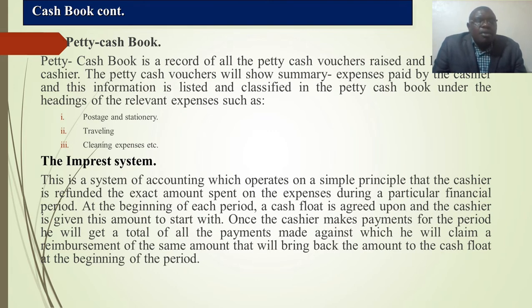At the end of the month, if the cashier has spent 350 shillings, the cashier will be reimbursed the 350 shillings so that when he starts the next month, he starts with that imprest of 500 shillings. That is what we refer to as the imprest system, where you keep reimbursing the same amount that the cashier has spent over a particular period of time.